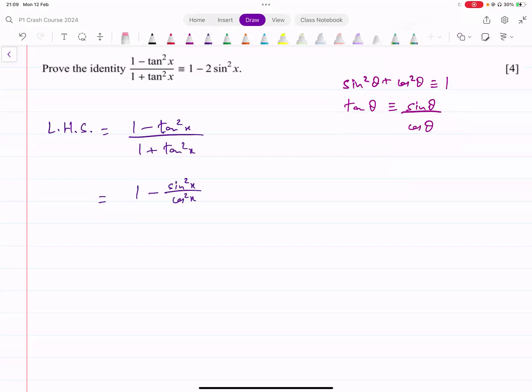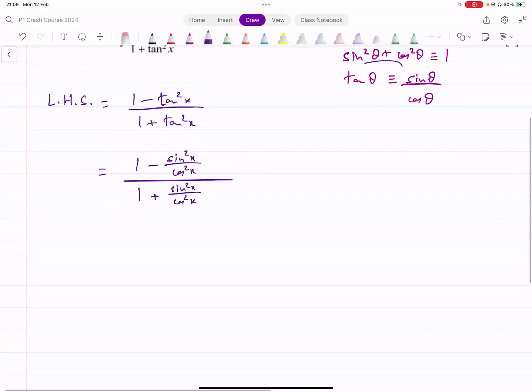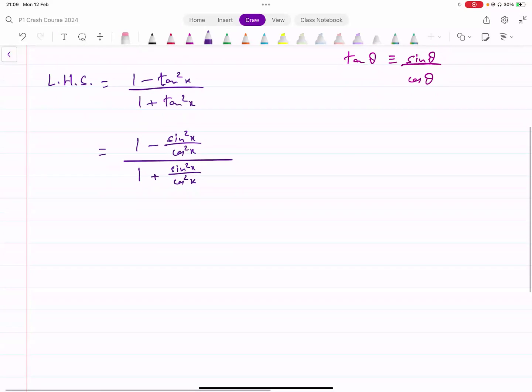And then in the denominator, you have 1 plus sine square x over cos square x. So you convert everything to sine and cos like this, using this identity. Tan theta is identical to sine theta over cos theta. What do we do now? We can simplify this.